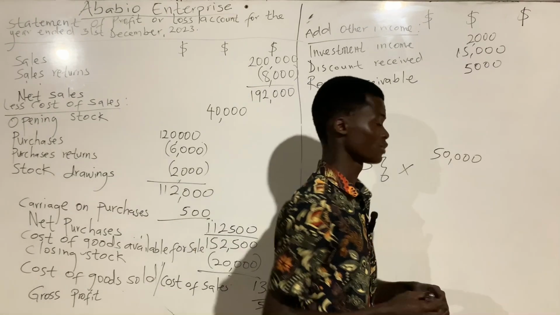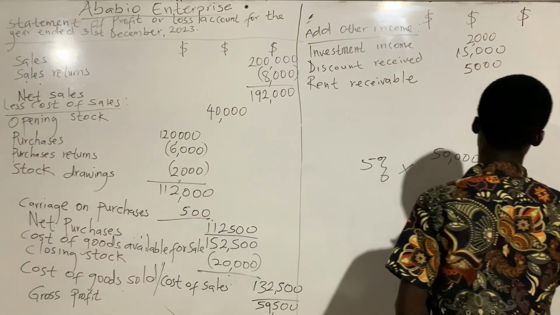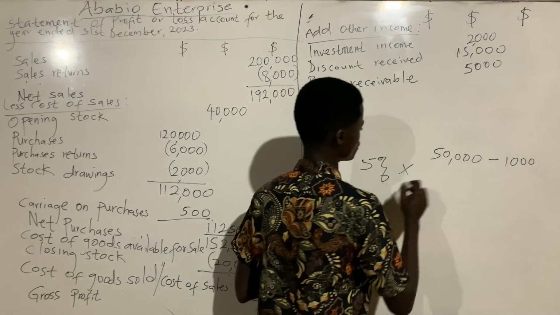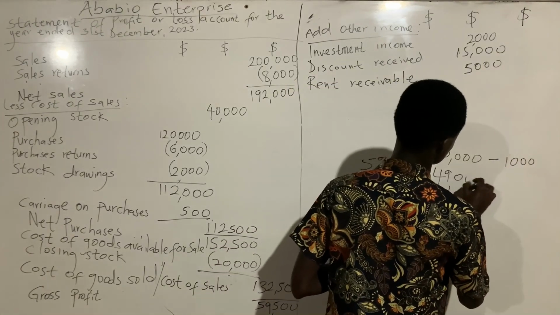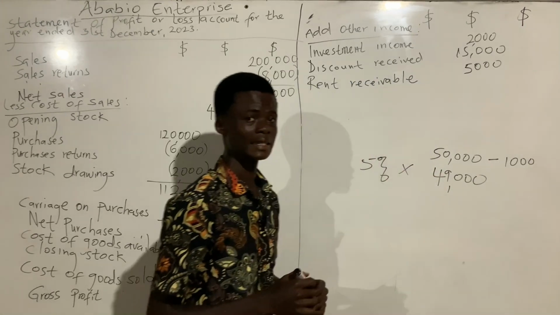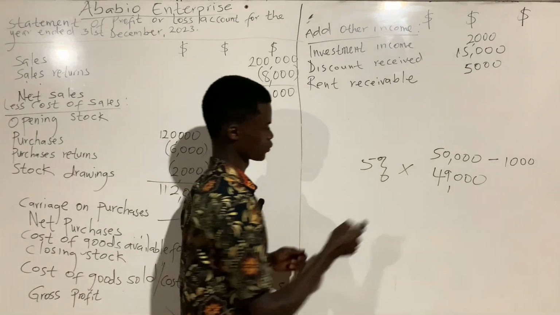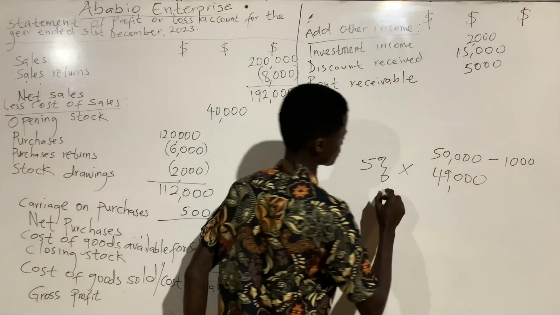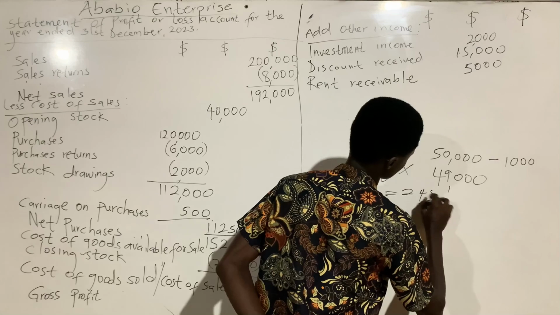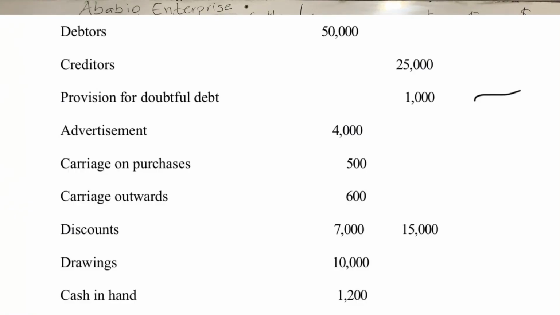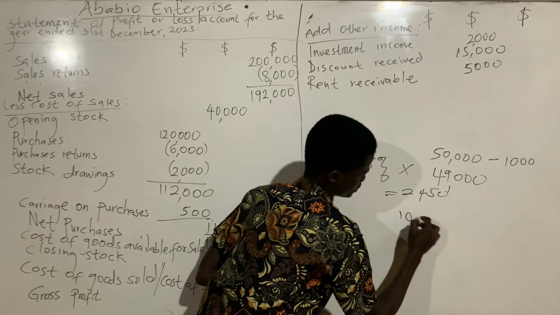So we will first subtract the bad debt figure of $1,000 from our debtors figure, and the remaining amount will be $49,000. So it is this $49,000 that we will calculate our provision for doubtful debt on. So 5% on $49,000, we will get $2,450. And per the trial balance, our previous year provision is $1,000.